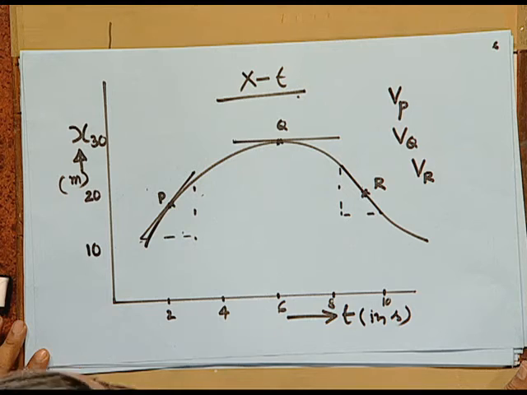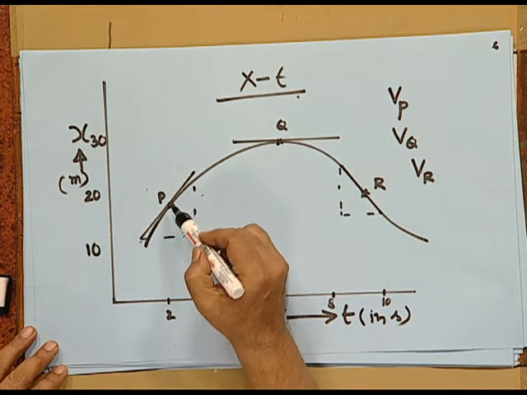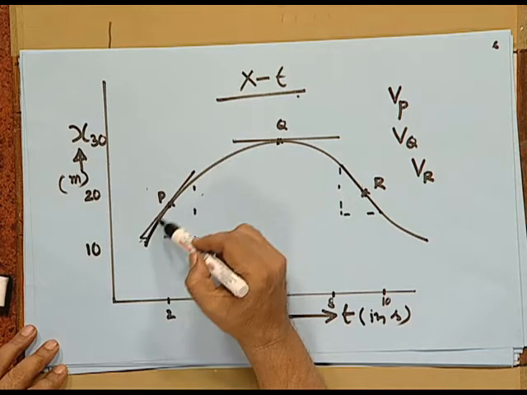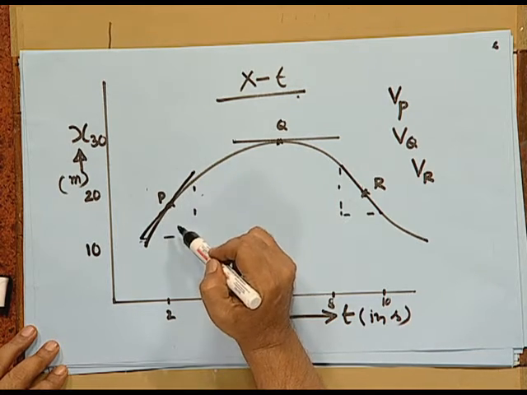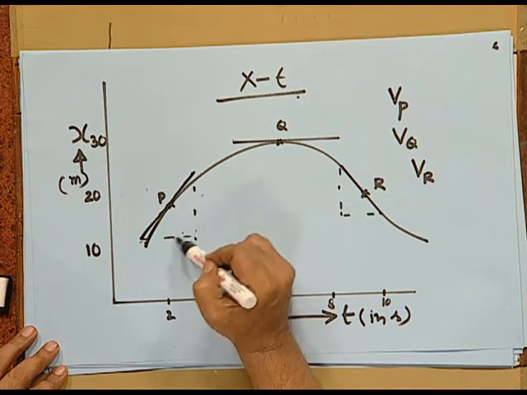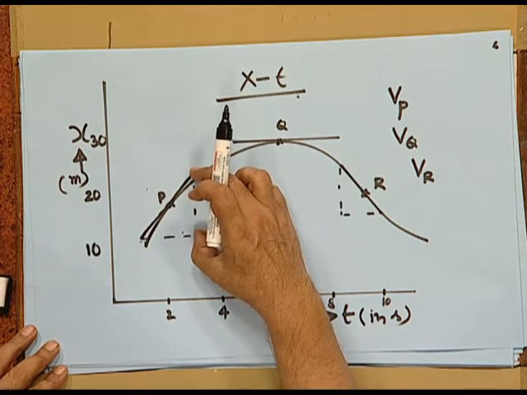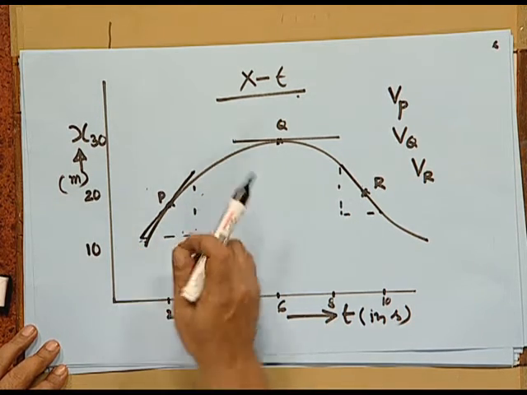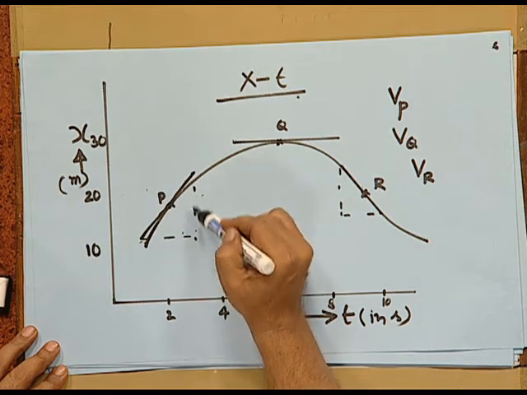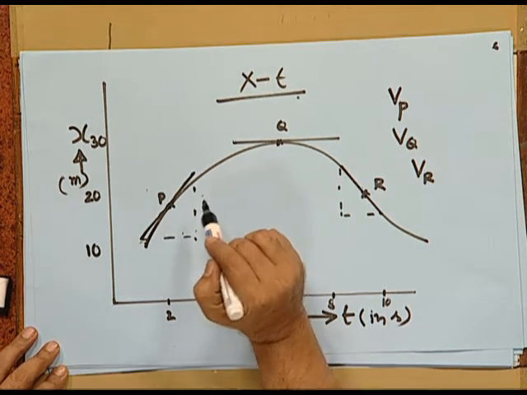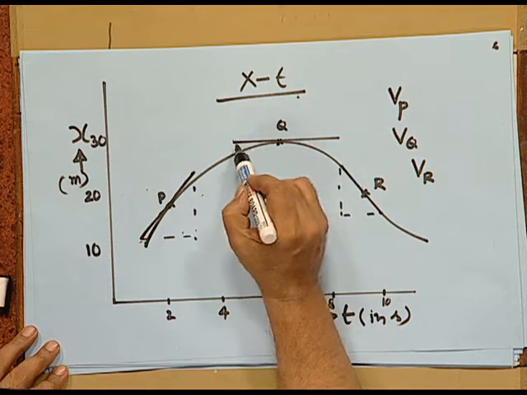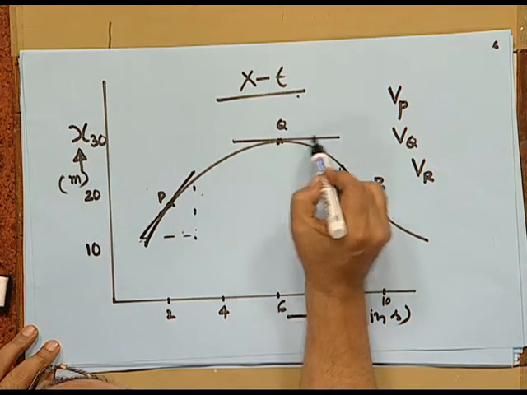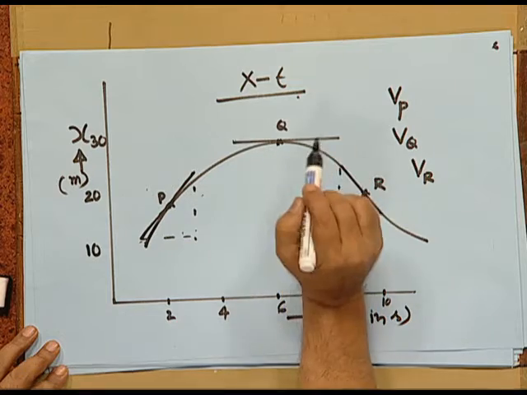Now, look at this. How do we do it? If you draw a tangent to the curve at this point, this tangent has a slope which is given by delta x by delta t in a very small interval of time, and the slope of this tangent happens to be positive. If I draw a tangent to the curve at point Q, the tangent line touching this curve at only one point has 0 slope.